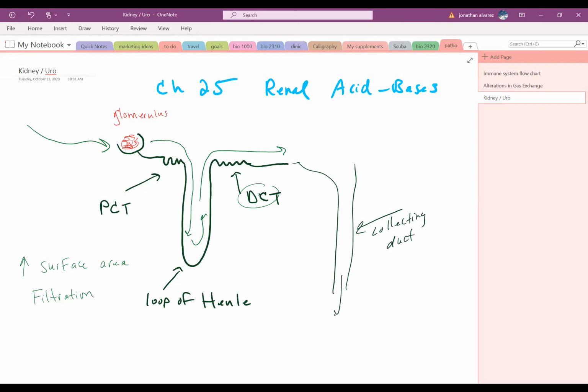And then eventually into the urinary bladder. Okay, and then eventually you're going to micturate, which is a fancy word for peeing or going to the bathroom. Okay, void, micturate, or peeing.